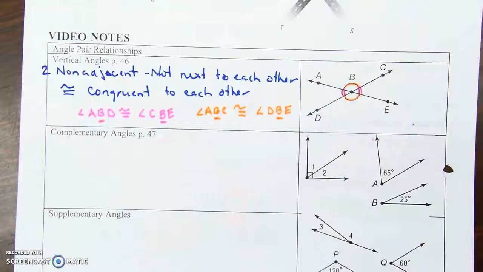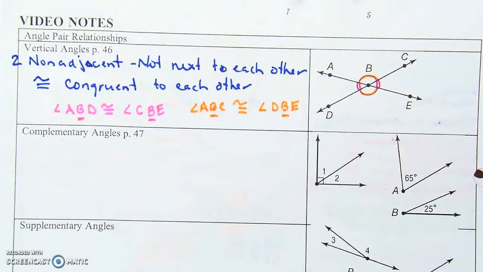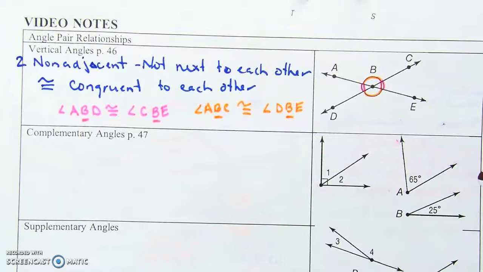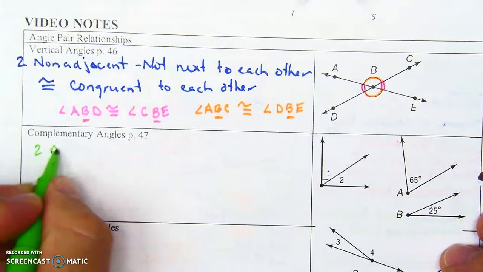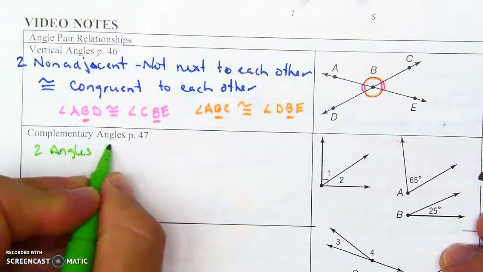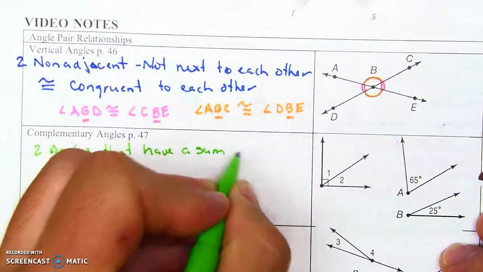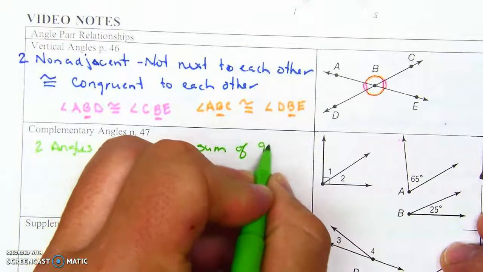Now, something we haven't talked about before yet, complementary. When you compliment somebody, that means you're giving them a nice gesture or saying something nice about them. So complementary angles, as the picture shows, are, as the book calls it, two angles with measures that have a sum of 90 degrees.